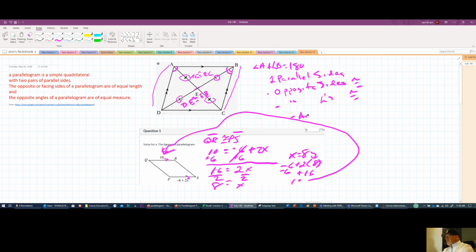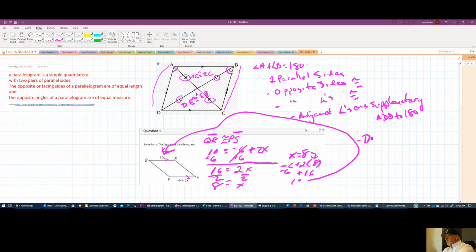Adjacent angles are supplementary, which also means they add to 180 degrees.